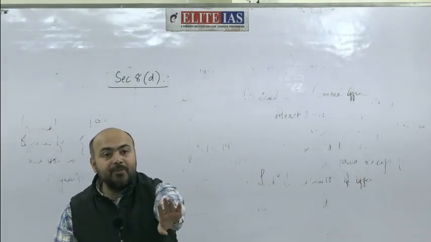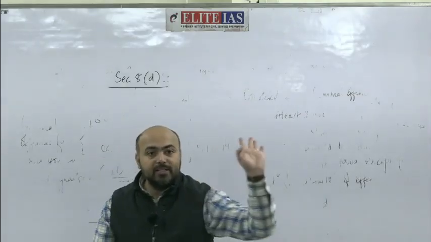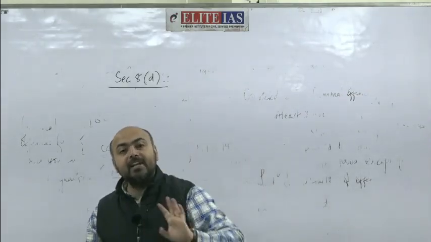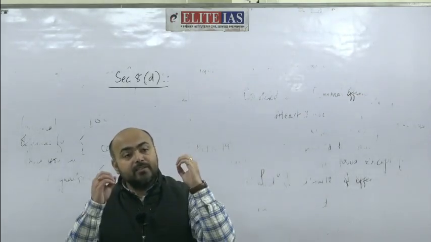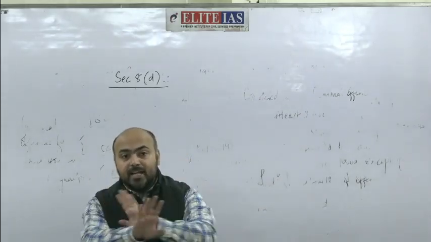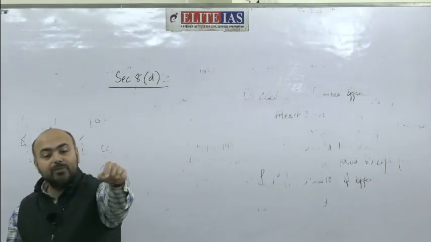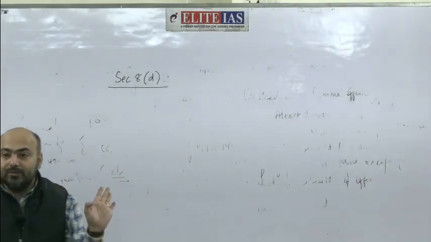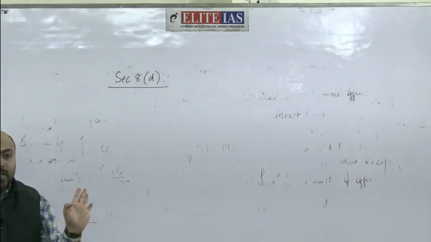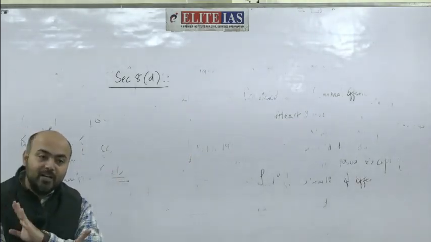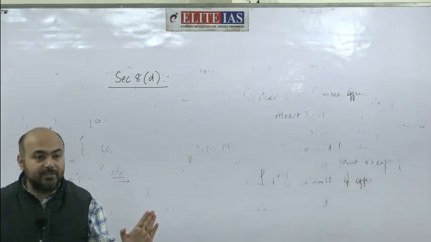So his nomination paper will be rejected. He cannot contest elections. Even if he is contesting elections, till the time he has not been elected to the house, he will be disqualified from the legislature. He will not be able to contest elections.